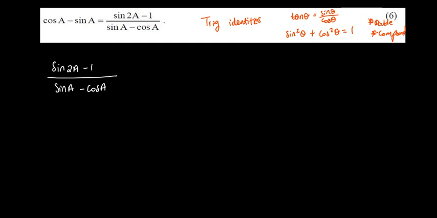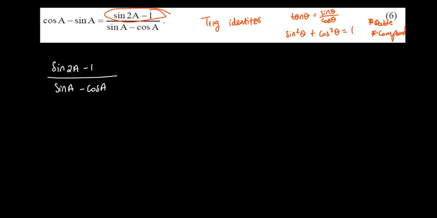Now usually, if you are doing a lot of problems on identities, you will start to realize some trends. For example, I already know that if I have sine a minus cos a at the bottom, most definitely on top I must factorize.